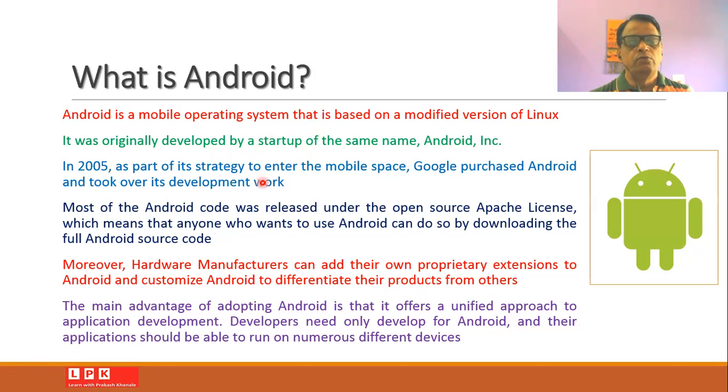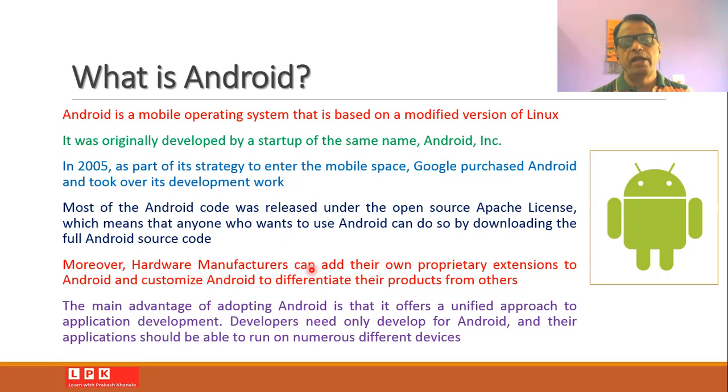In 2005, as a part of a strategy, Google acquired this startup and started the development work for Android. Most of the Android code was released under the open source Apache license, which means that anyone who wants to run Android can do so by downloading the full Android source code.